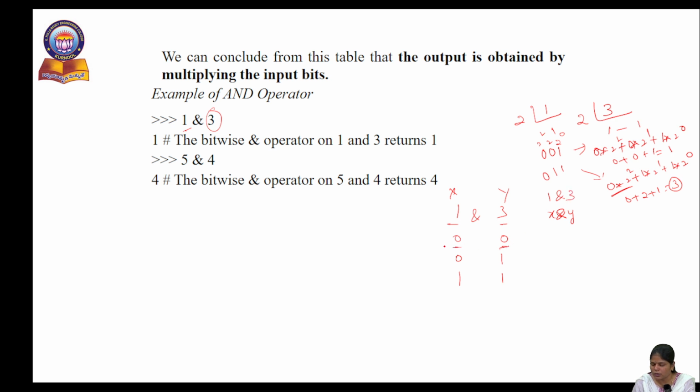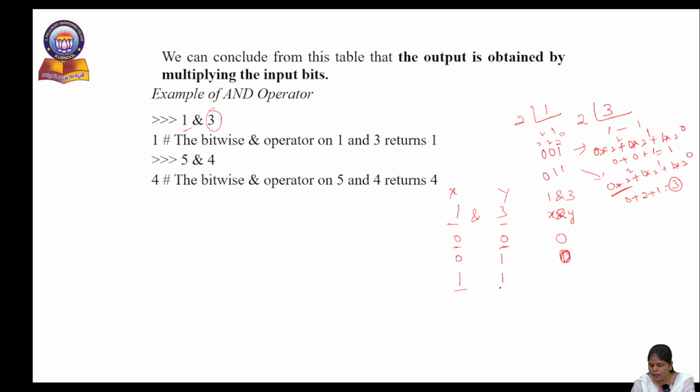The first bit of 1 and the first bit of 3 are both zeros, and the AND operation gives 0. Next, the second bit of 1 and the second bit of 3, and I got the output as 0. Next, the third bit of 1 and the third bit of 3.